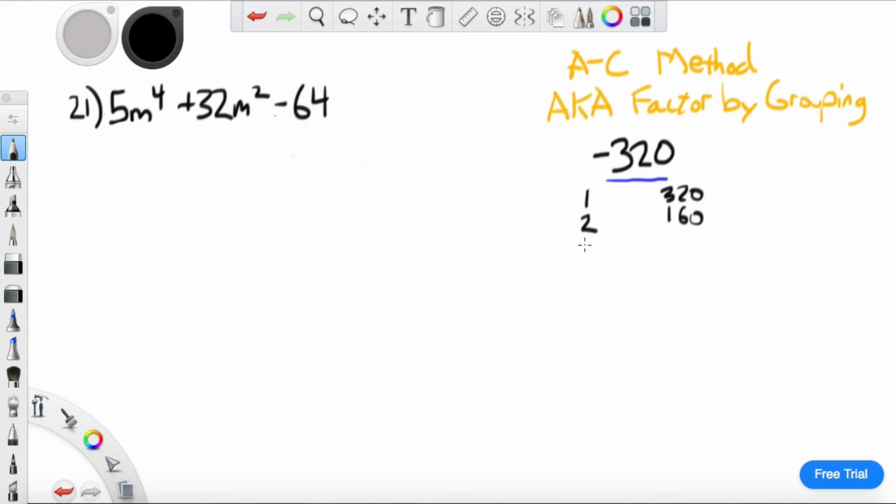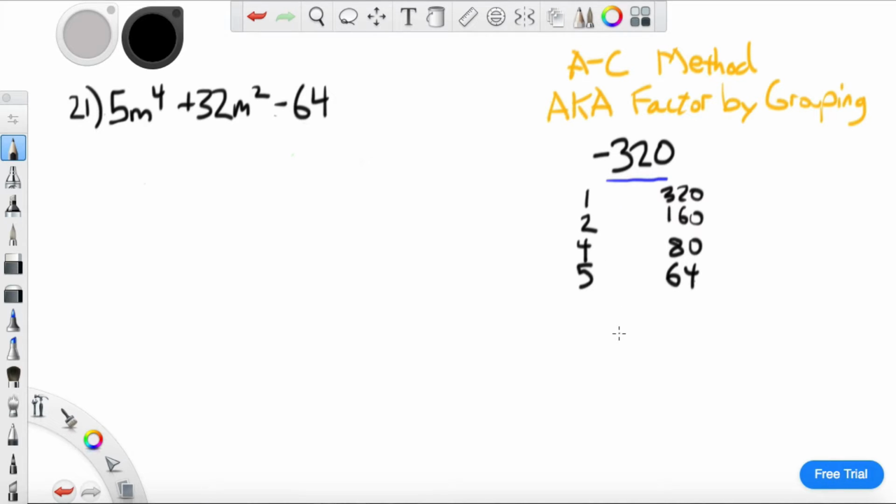I can't do 3, but I can do 4. 320 divided by 4 is 80. It's getting a little closer, because 80 minus 4 is 76. I know I can do 5. 320 divided by 5 is 64, and 64 minus 5 is 59.